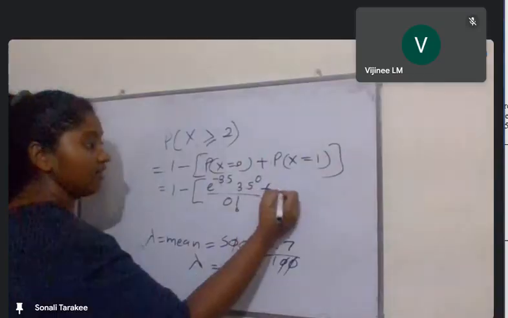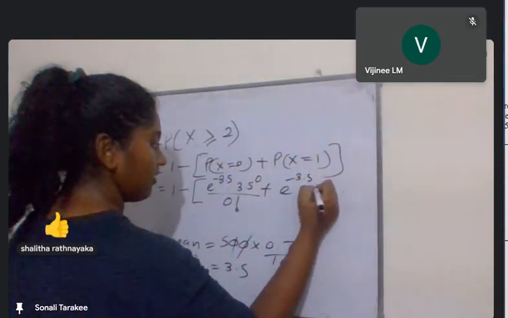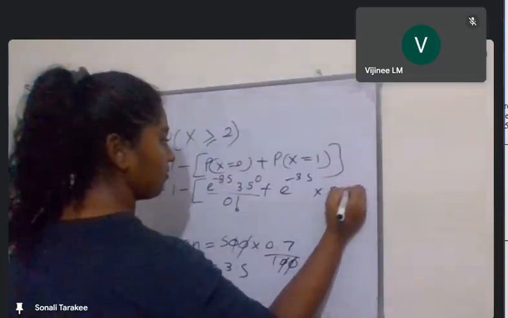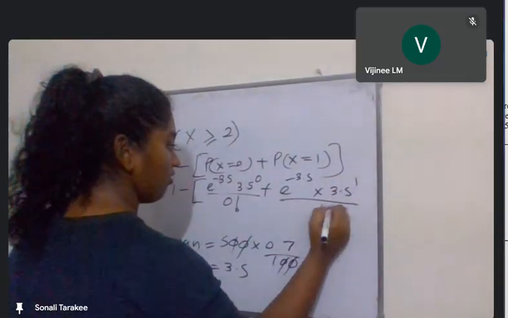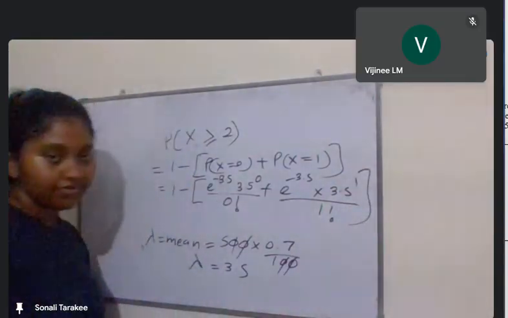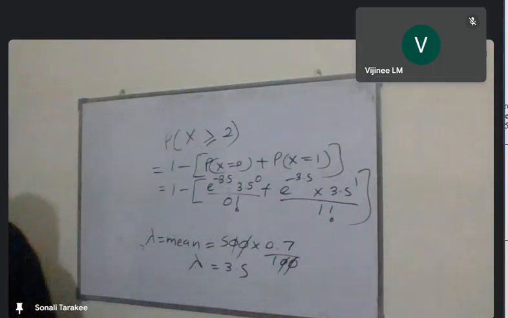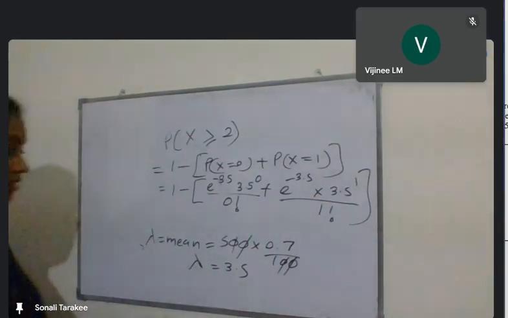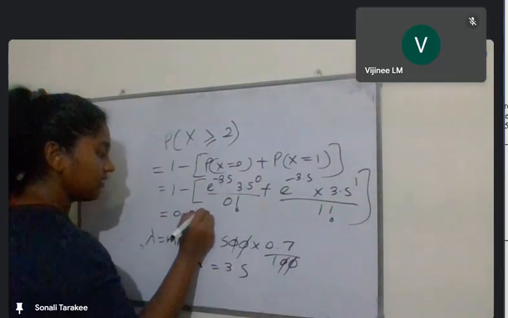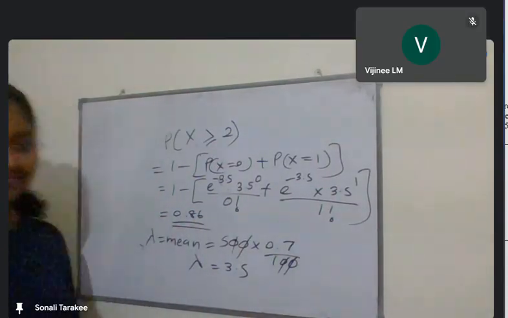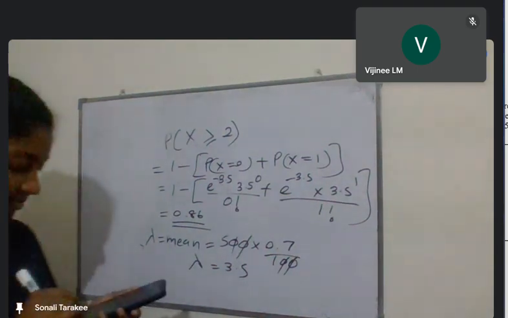Then 0 factorial plus e to the power minus 3.5 multiplied by 3.5 to the power 1 over 1 factorial. So once you solve these, you get 0.86. This is the value.